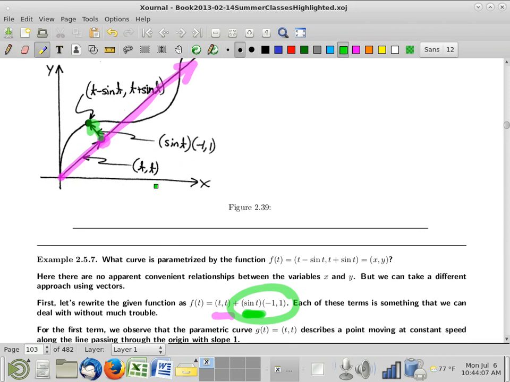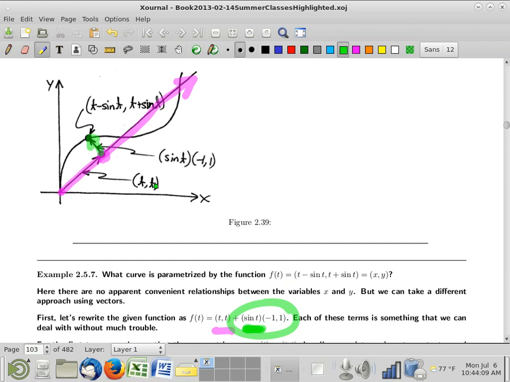So the purple is moving along that ray to the upper right. The green is being added to that, deviating in the perpendicular direction by an oscillating amount, and altogether this parameterizes that curve.